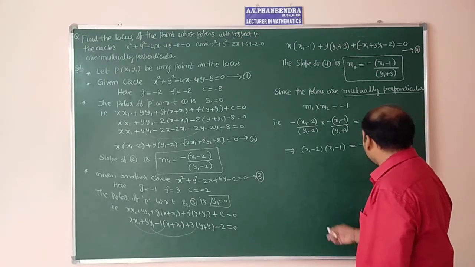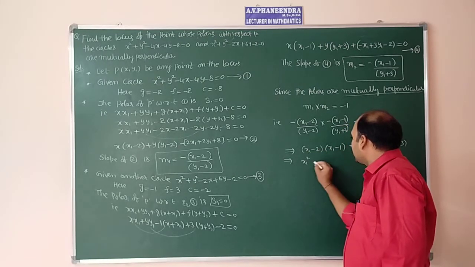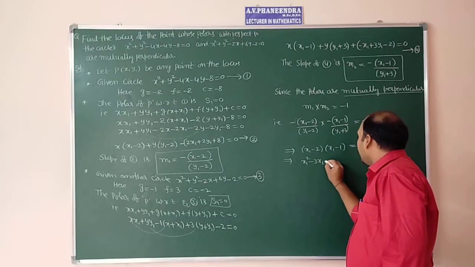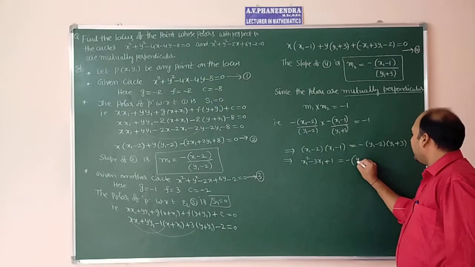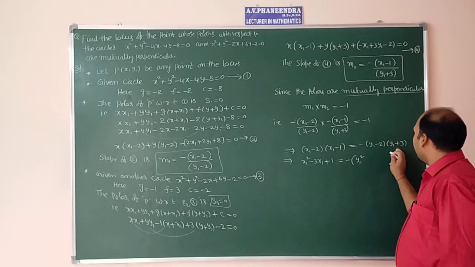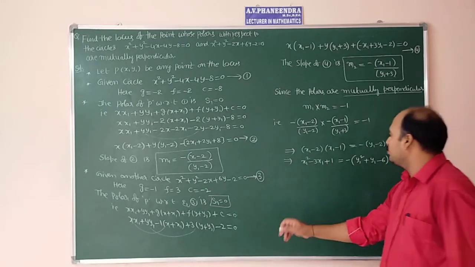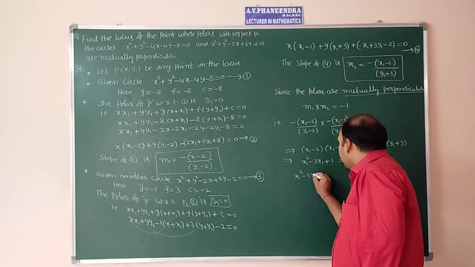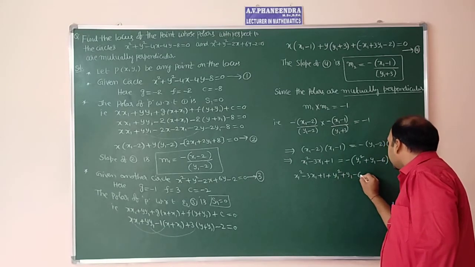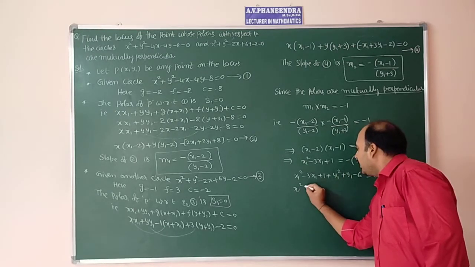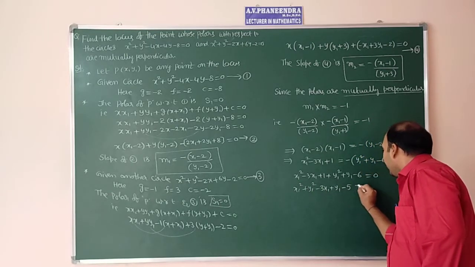Actual multiplication we have to do: x1² - 3x1 + 2 = -(y1² + y1 - 6). Taking everything to this side: x1² - 3x1 + 2 + y1² + y1 - 6 = 0, so x1² + y1² - 3x1 + y1 - 4 = 0.